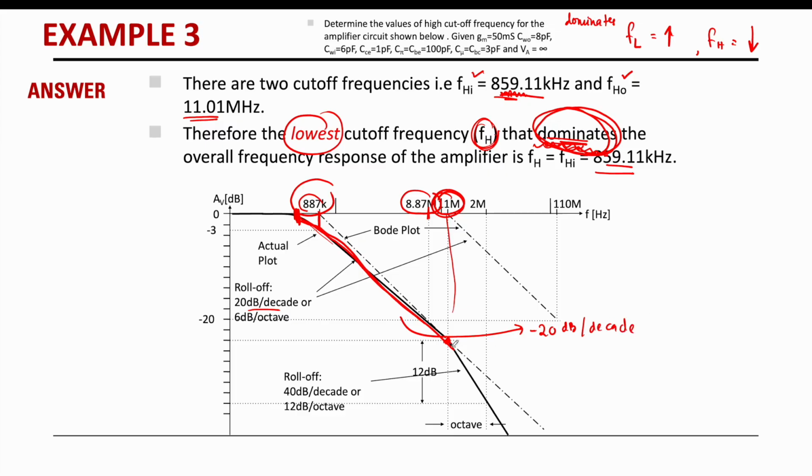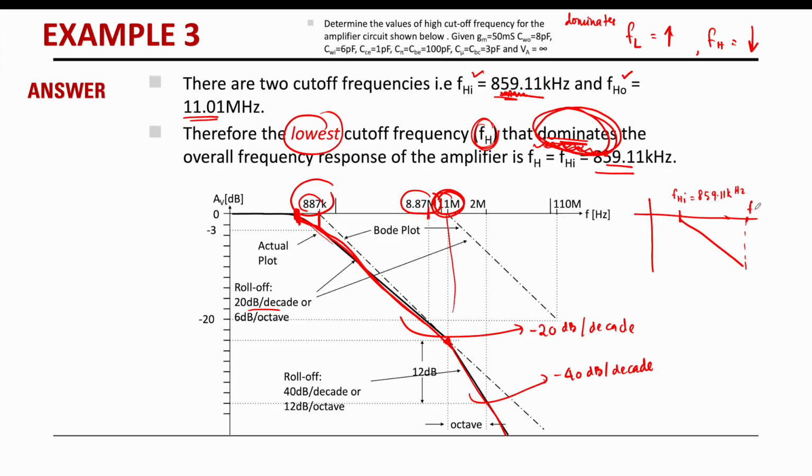Then from here it will drop again, and this roll-off is negative 40 dB per decade. So don't forget to label. When you draw your Bode plot, you just put your lower value. FHI is your lower value, which is equal to 859.11 kilohertz. And then from here you just make it negative 20.